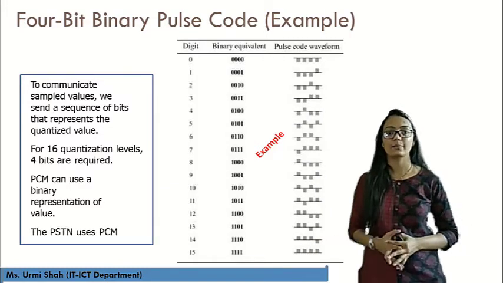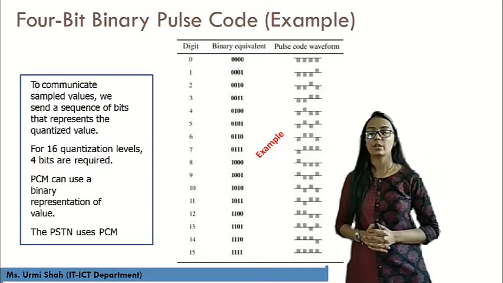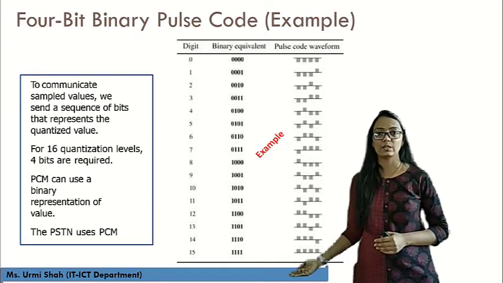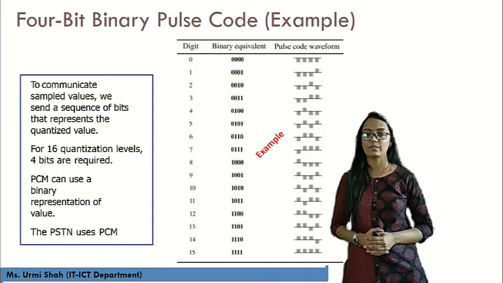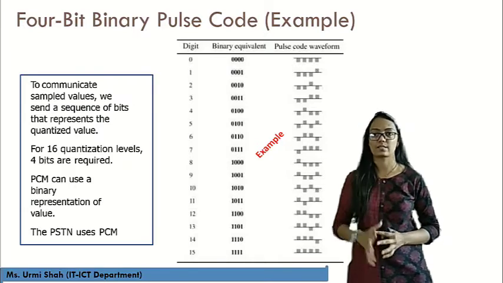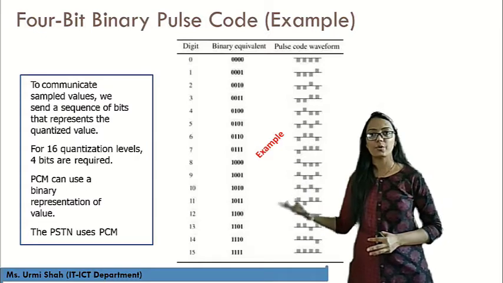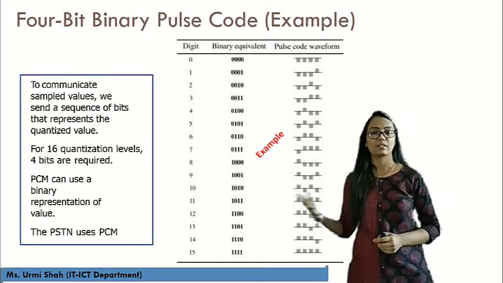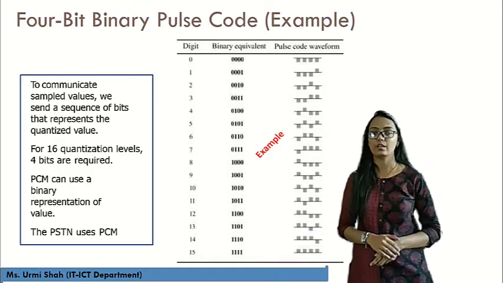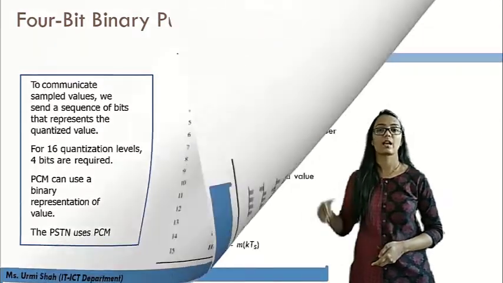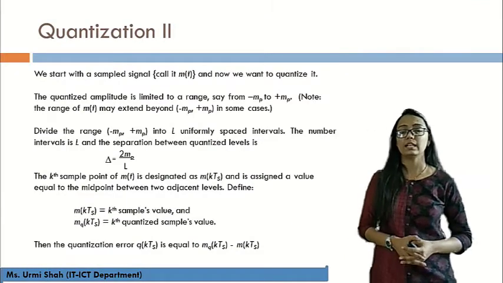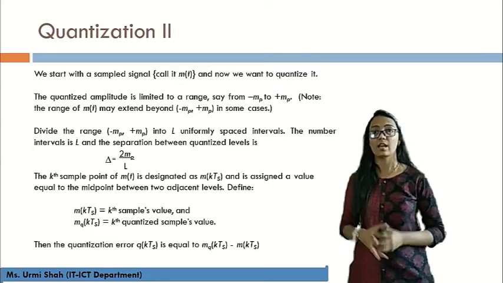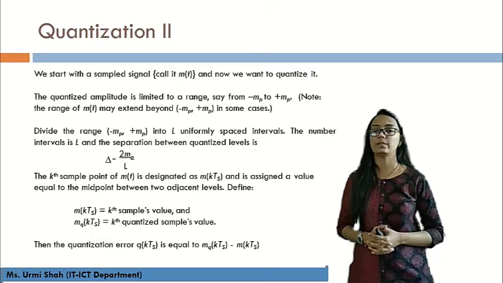While in the last example, if you have your pulse code as 1111, then your pulse code waveform will be high for all 4 bits. This way, our 4-bit binary pulse code representation can be done via such an example of quantization. Now moving ahead, whenever we are at stage 2 of quantization, we will start with a sampled signal.